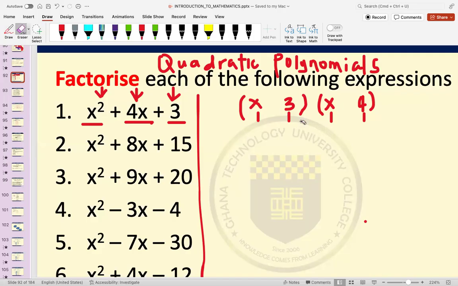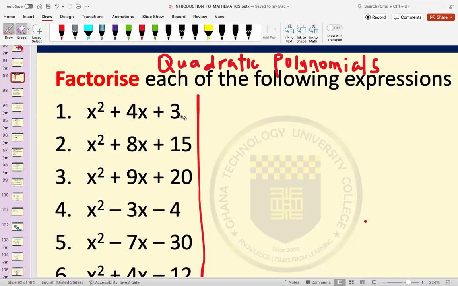This is the principle. I want to write some steps down. We follow the steps, and then we work with it. This type of expression, x squared, 4x, and 3, like this, has powers of x which are going down.